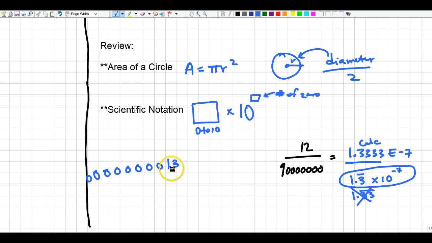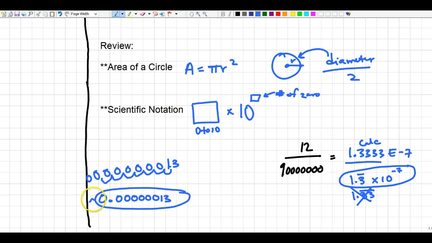So now I'm going to move that decimal point 7 places to the left. 1, 2, 3, 4, 5, 6, 7. So now I've got 0.1, 2, 3, 4, 5, 6 zeros, which makes sense because I had the 1 to get around first. So that would be the value of the number approximately, not in scientific notation.